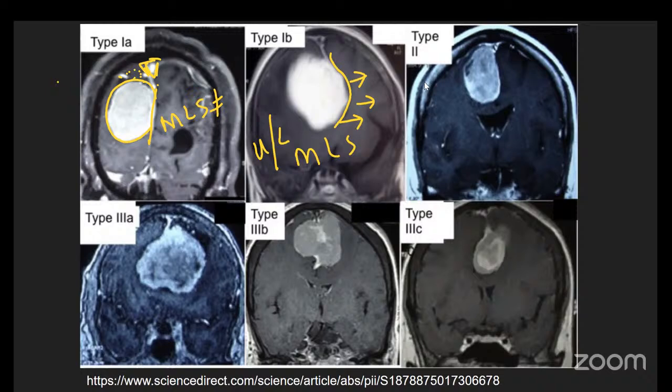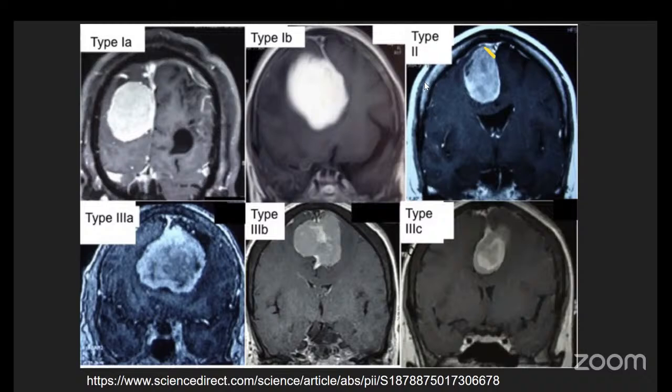Yes. Then we have type 2. For type 2, you will have a unilateral lesion, but it will involve at least some portion of the superior sagittal sinus. Interestingly, if you zoom into this image, you can see, I'm going to draw there, a very small layer of cortex, which is still separating it from the topmost layer. Let me clear this. I'm sure you can see where my yellow arrow was, but there is some involvement of the lateral portion of the superior sagittal sinus on the same side.